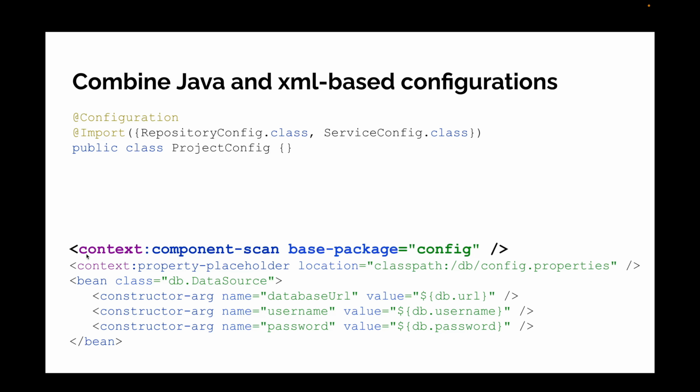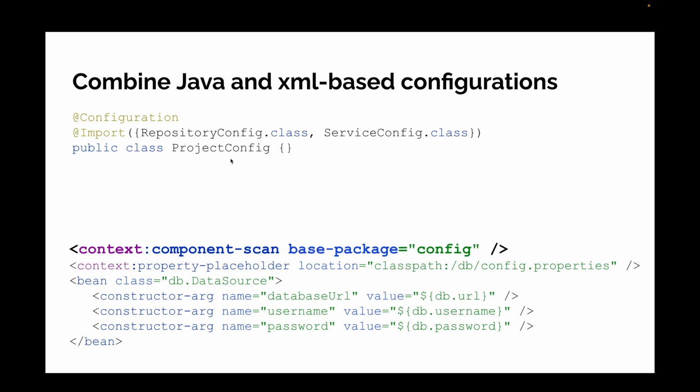So inside XML we can say context:component-scan, and we can specify the package equal to config. So it will scan the config package, and it will scan for all the classes with configuration or component annotation, and it will include them inside Spring IOC container.